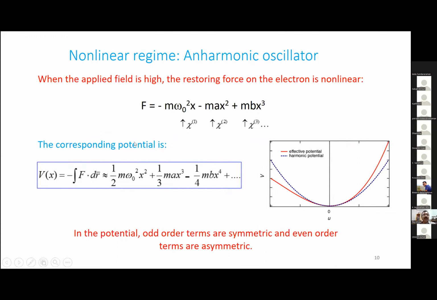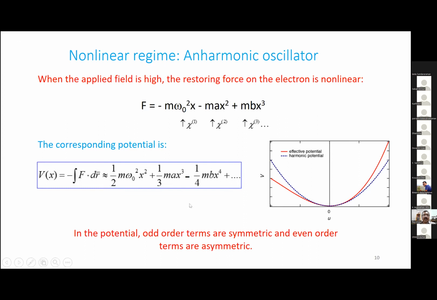Before that, we write the corresponding potential. The potential is given by integrating F dot dr over space and putting a minus sign there. This gives you half m omega 0 squared x squared plus 1 over 3 m a x cubed minus 1 over 4 m b x to the power 4.